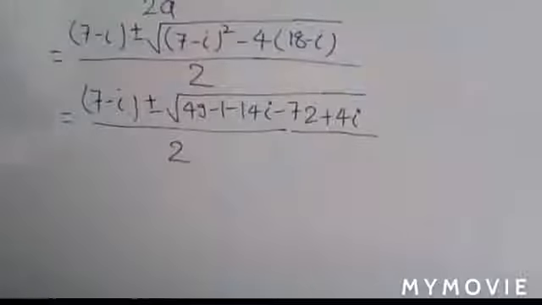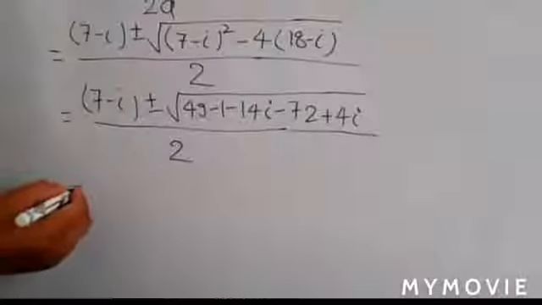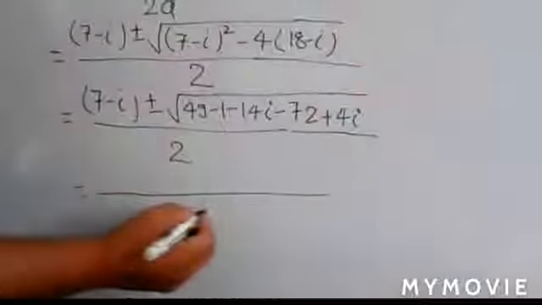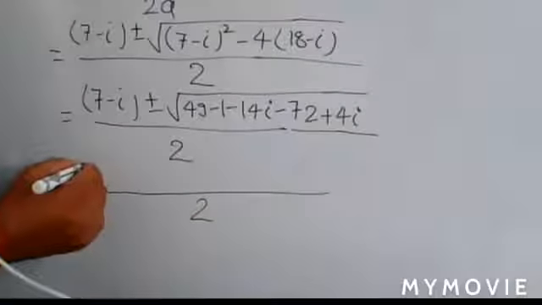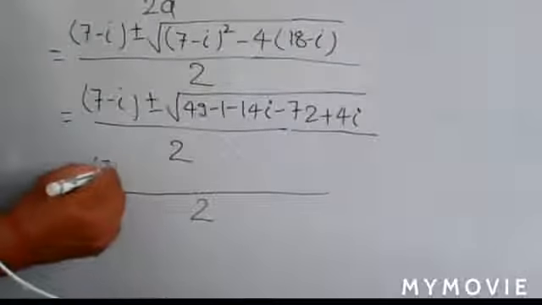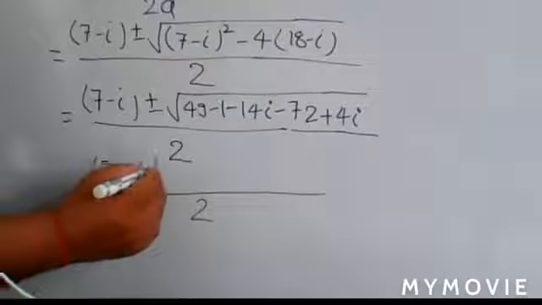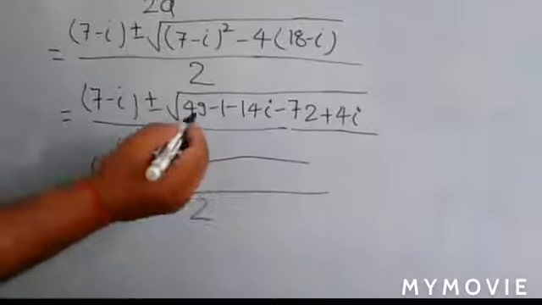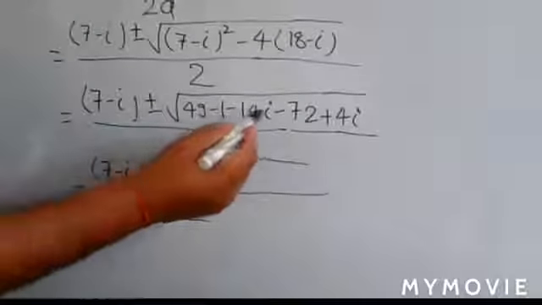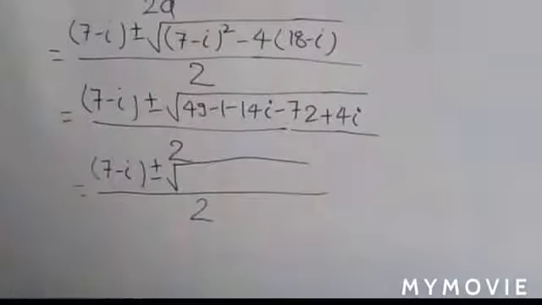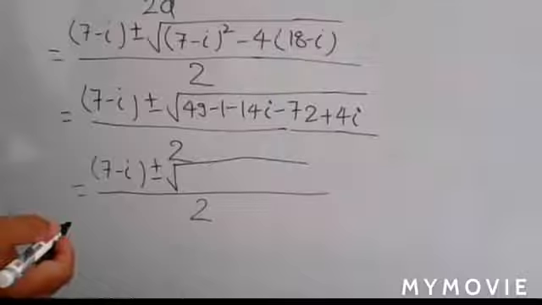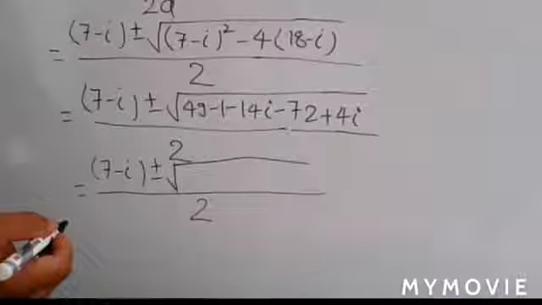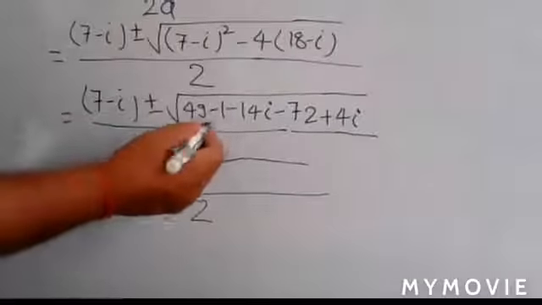Understand? Now you solve it. Here you have 2, 7 minus i into plus minus, and here you have 49 minus 1 and minus 72. Simplifying all that, here you have 49 minus 73, so you have minus 24. Just check it.